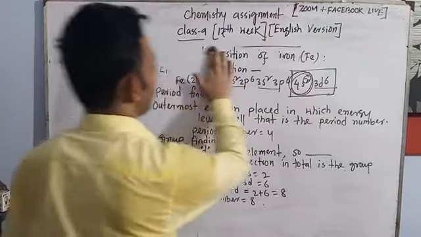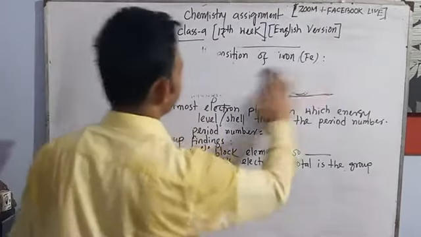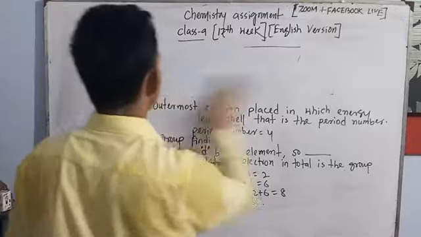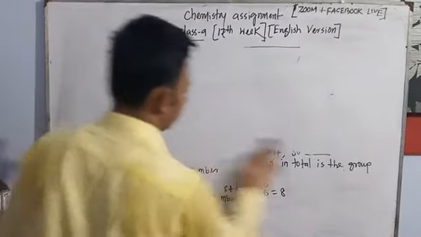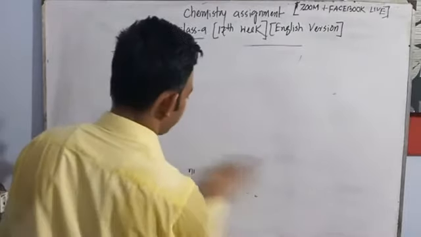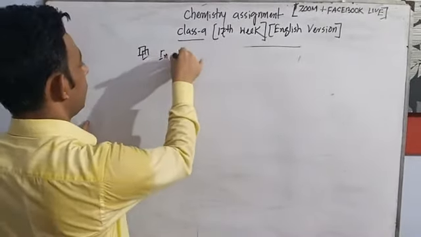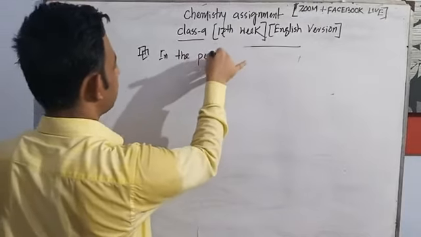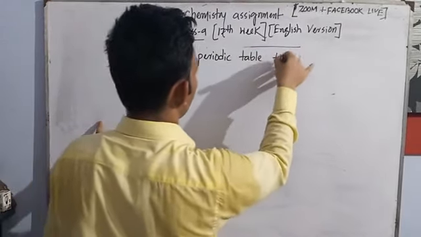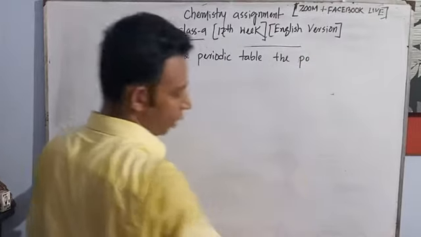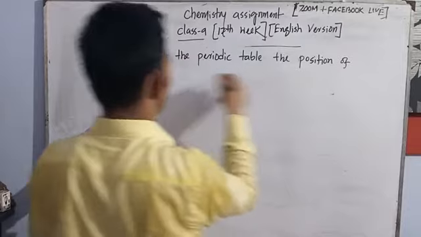Last part, no headline, then below you will write in the periodic table the position of iron.